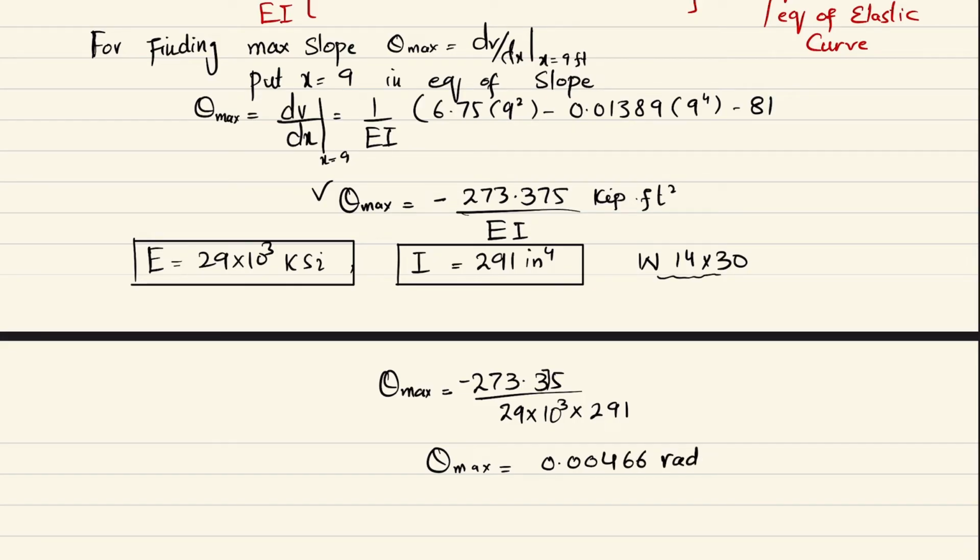It will be negative, but if you do not write negative, then you have to show that this slope is clockwise. I have shown it over here as clockwise. This is the answer of our second part, the maximum slope.